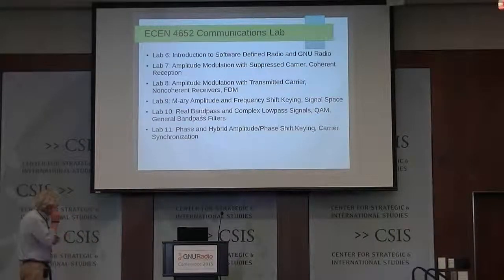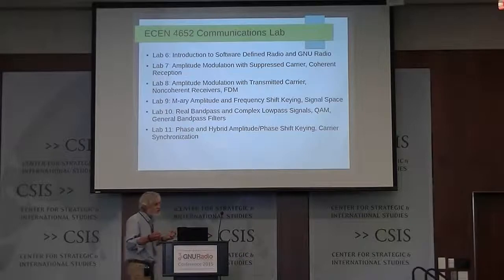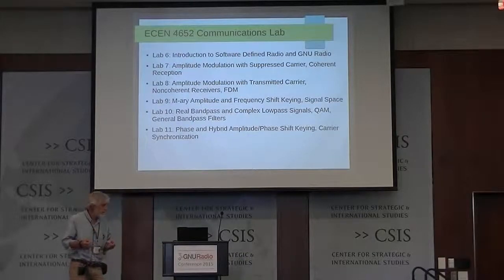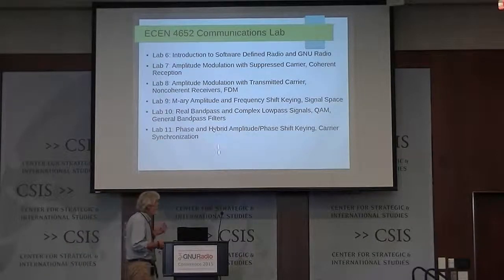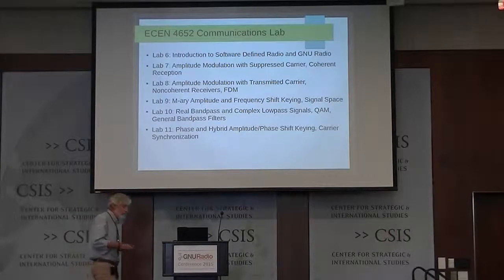And then comes the phase and hybrid amplitude phase shift keying, basically the signal constellations. So we're not really getting to very sophisticated communications, even though FDM is actually not in here because we just don't have enough time.